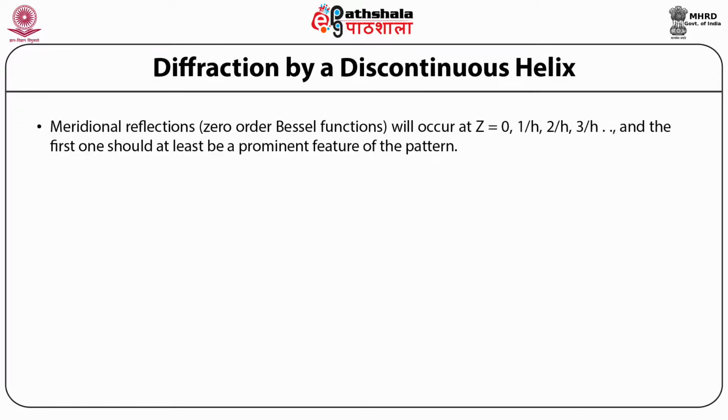Meridional reflections with zero order Bessel function will occur at capital Z equal to 0, 1 over h, 2 over h, 3 over h, and so on. And the first one should at least be a prominent feature of the pattern.